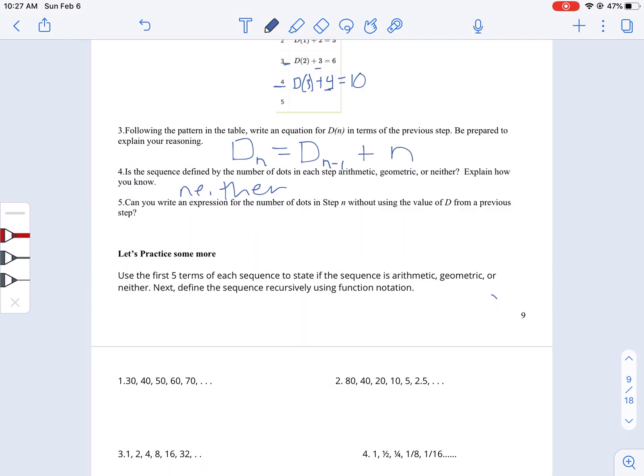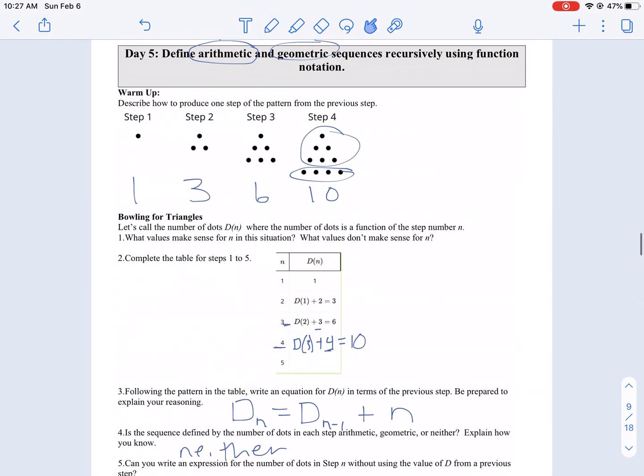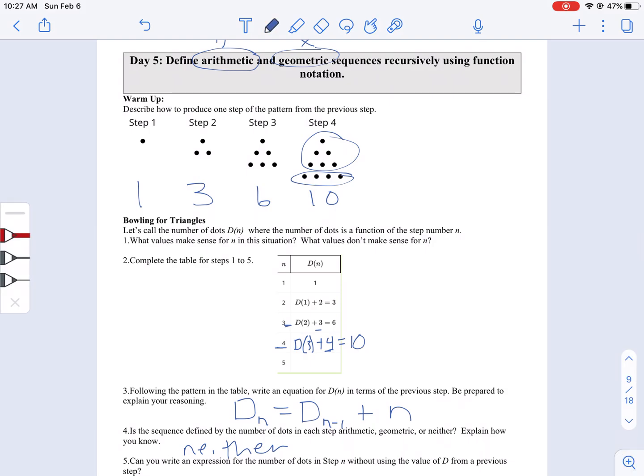So is there a way to express the number of dots in step n without using the value of d? So let's see. If we were to list this number, we have the sequence 1, 3, 6, 10. Our next one would be 15.